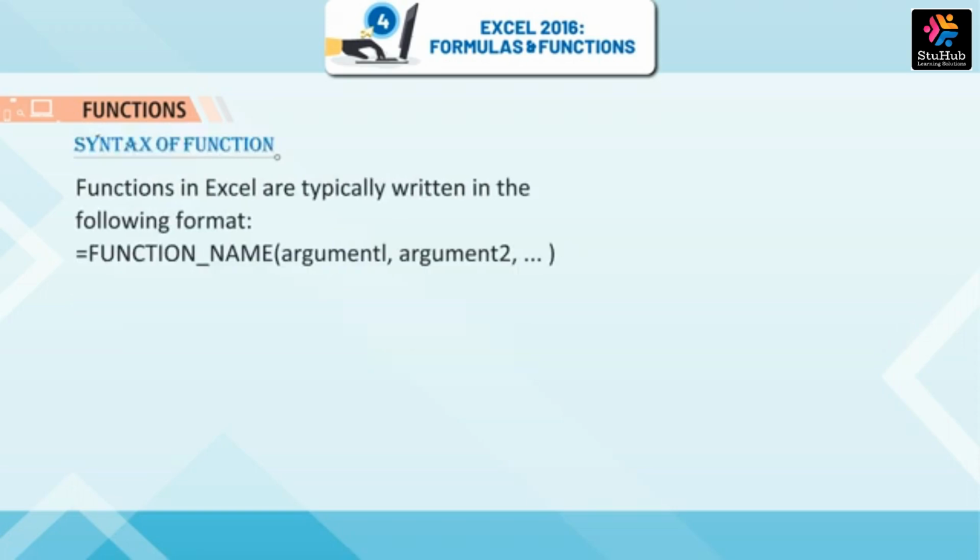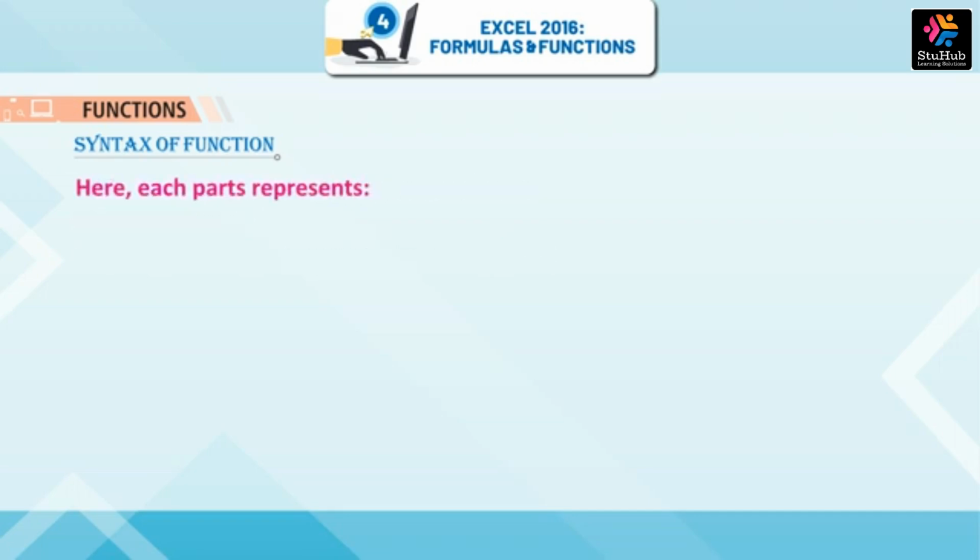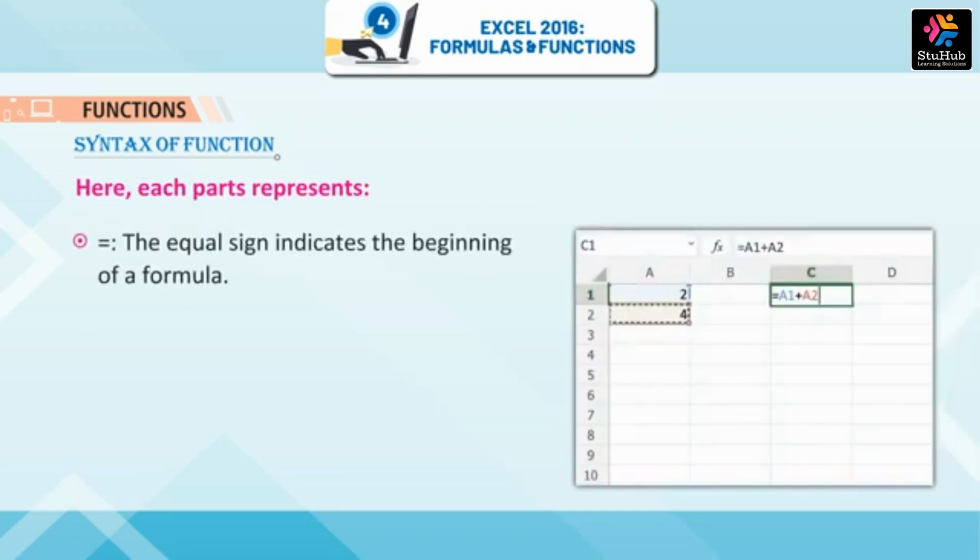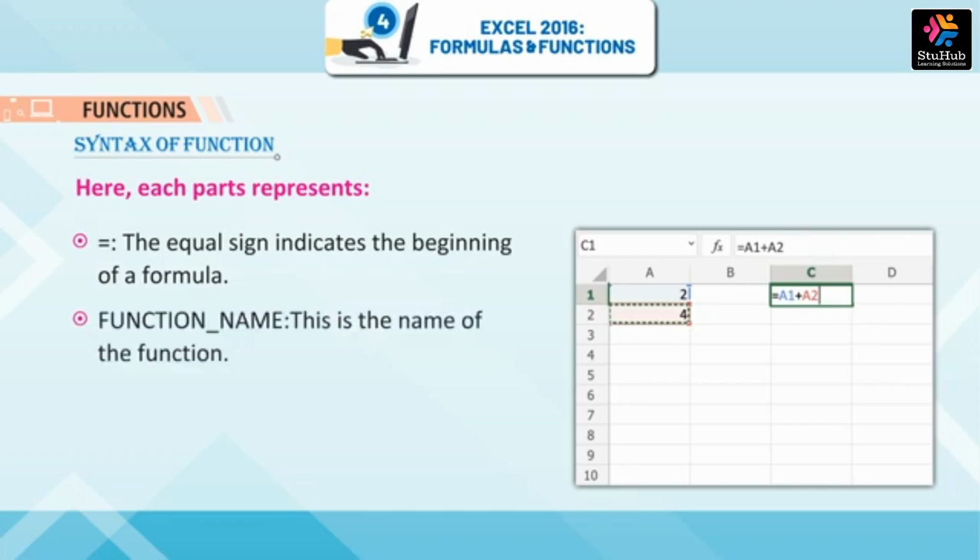Syntax of function. Functions in Excel are typically written in the following format: equals function_name, argument 1, argument 2, and so on. Here, each part represents: the equal sign indicates the beginning of a formula.